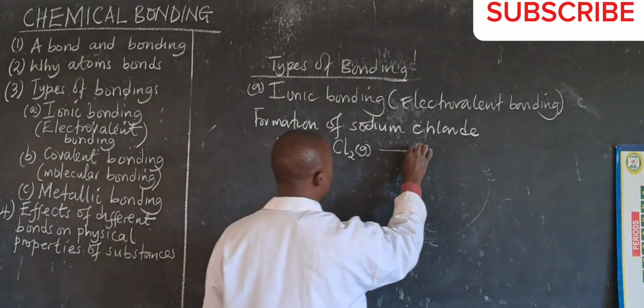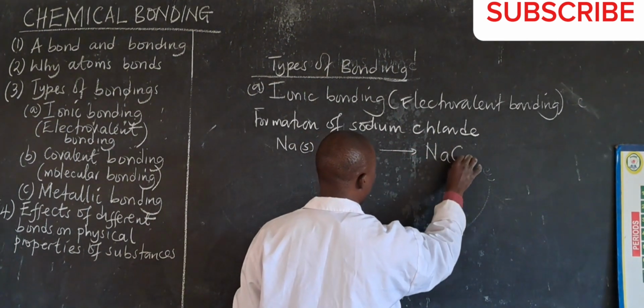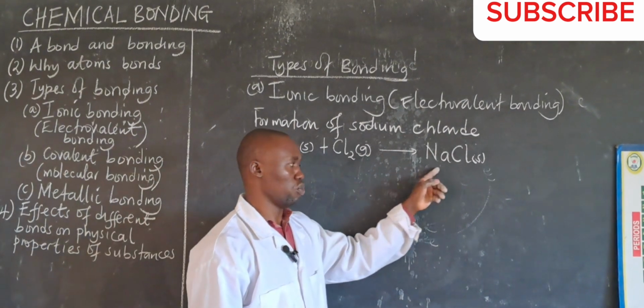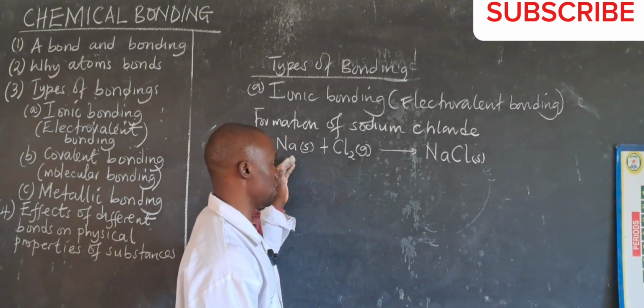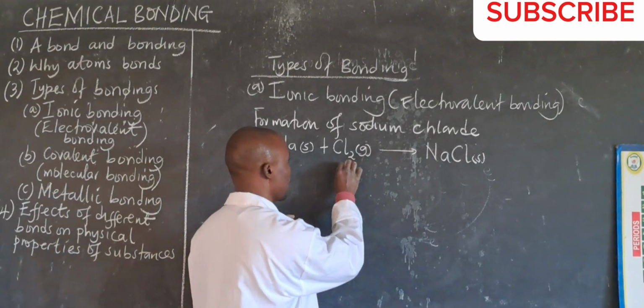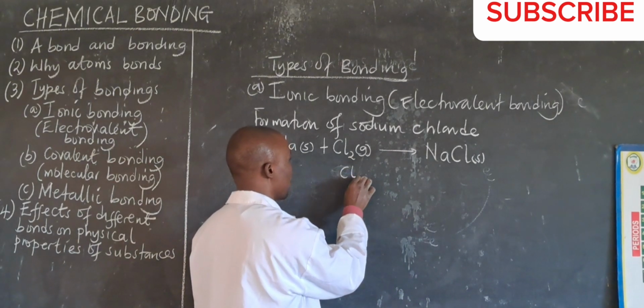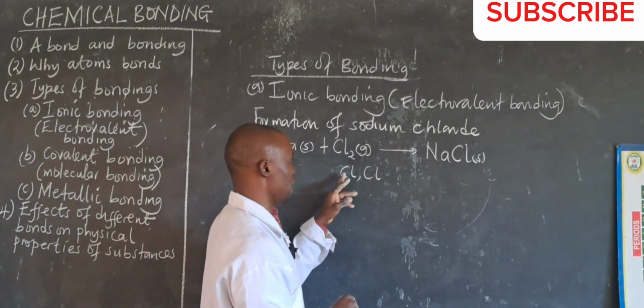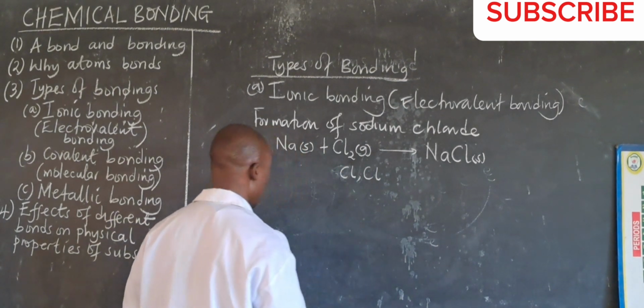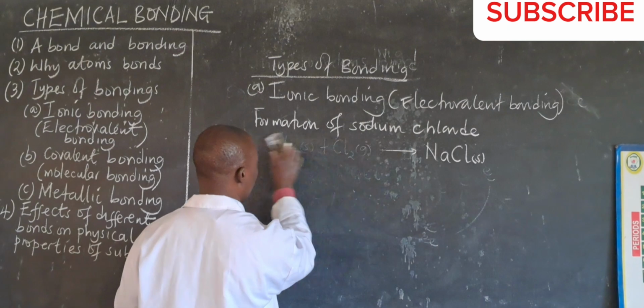So this is what the equation could be: sodium combines with chlorine gas to form sodium chloride. But in this combination, the chlorine molecule first has to split into 2 chlorine atoms, then they come together with sodium. So that's how the chemical reaction takes place.